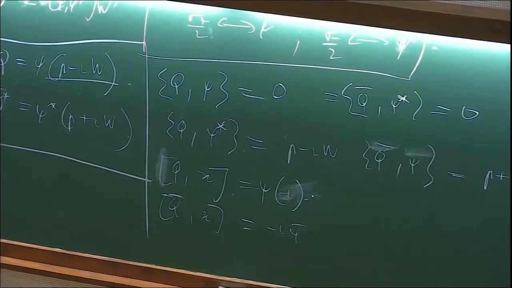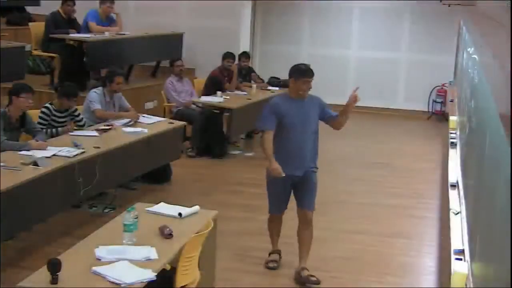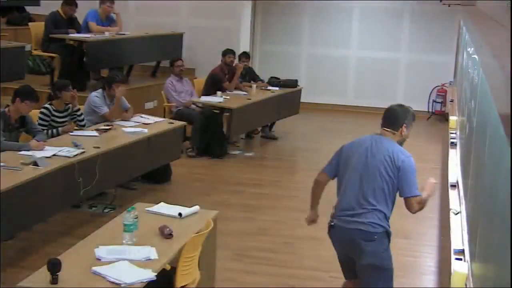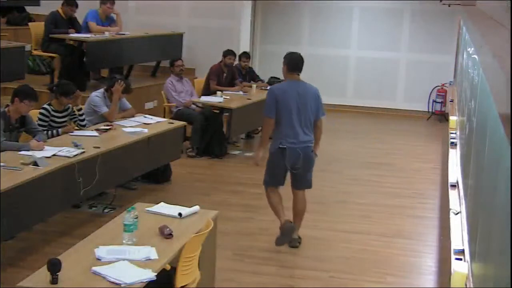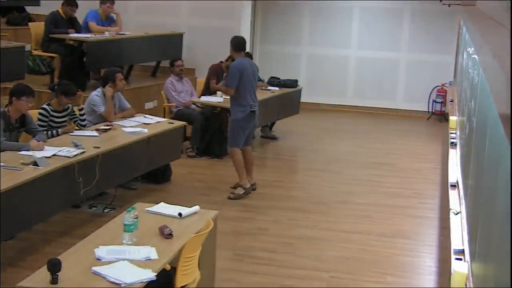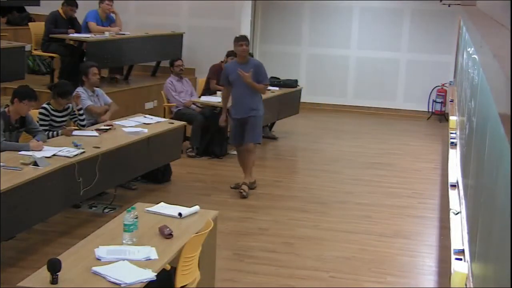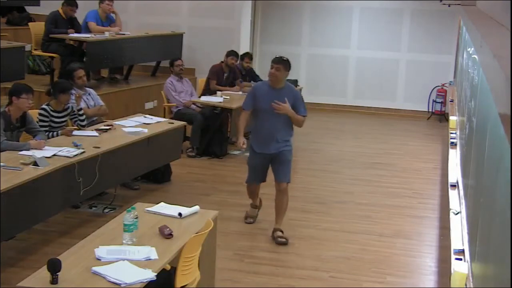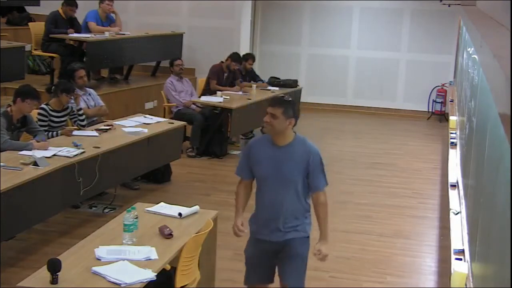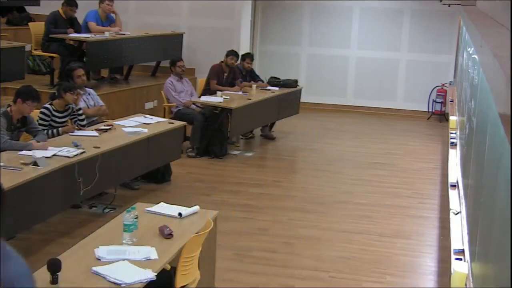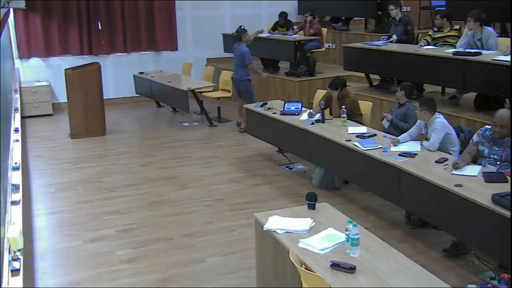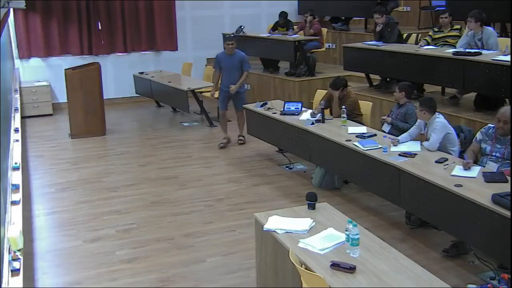Now what I'm going to do is to encode these commutation and anti-commutation relations into some sort of differential algebra. And this differential algebra will involve non-commuting or anti-commuting variables.